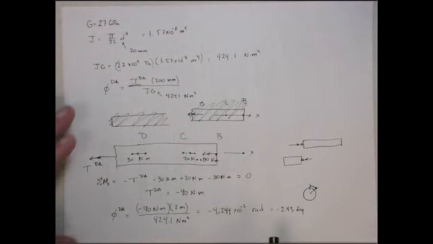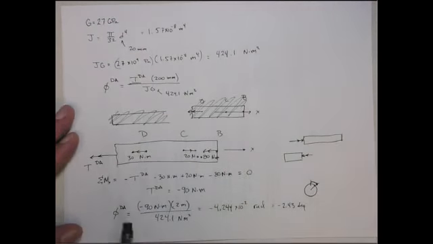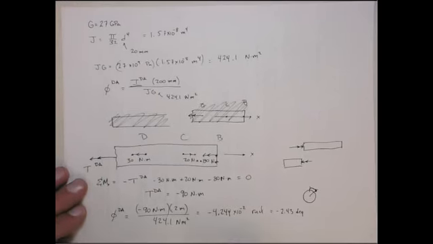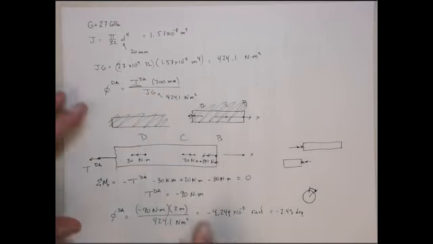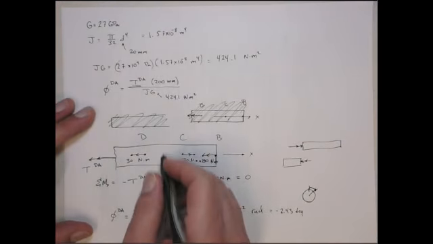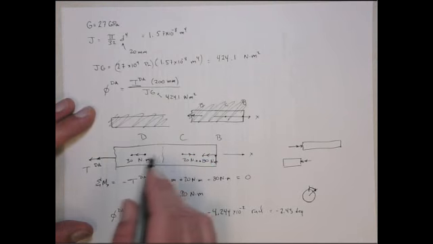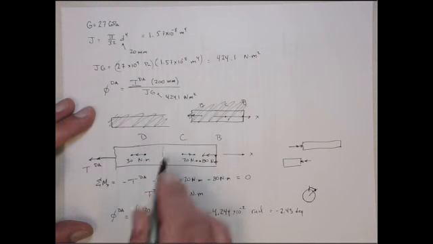All right, so that's the first rotation. That's the rotation of D relative to A. So D rotates relative to A clockwise. Okay, now let's figure out, well, I can use the same free body diagram if you let me do it. So now we need to get the torque here. So we'll draw a section through CD. That'll give me the total torque in DC. Let me redraw that again.